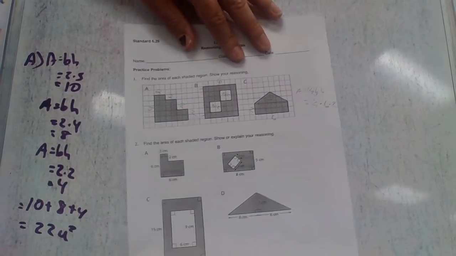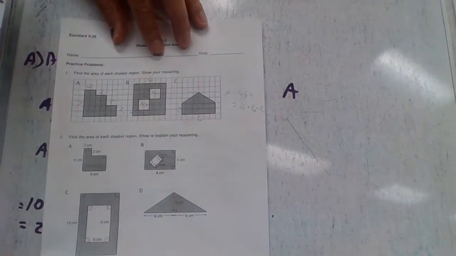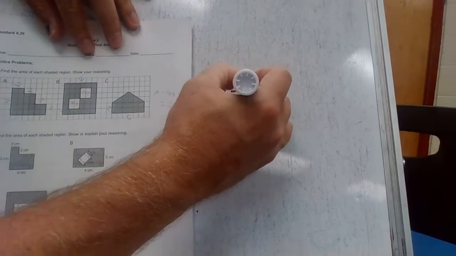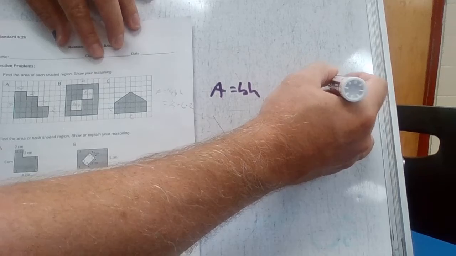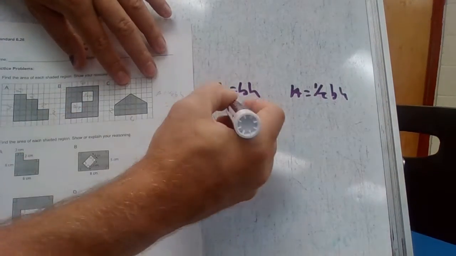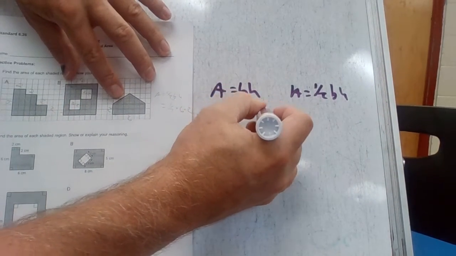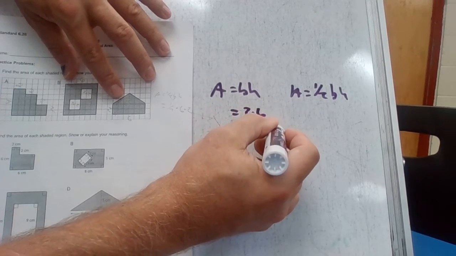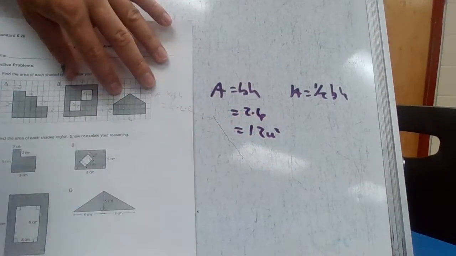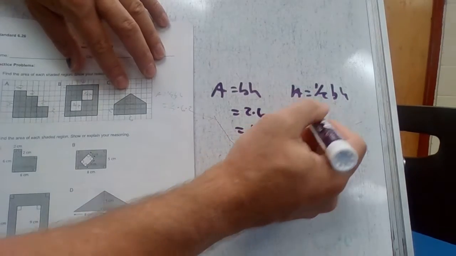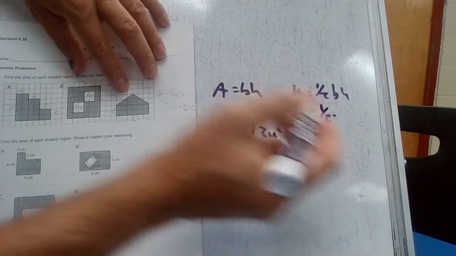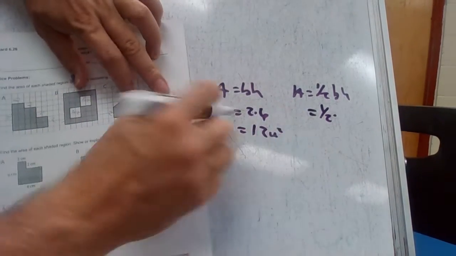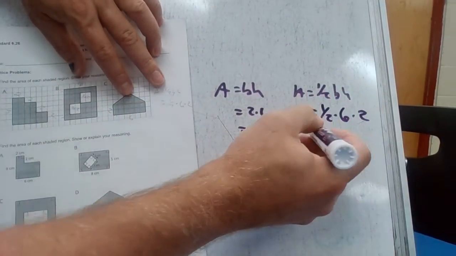So we're going to write down what we got here. We got a rectangle. The formula for that is A equals BH. Now your triangle, A equals 1/2 base times height for the top part. Our rectangle is 2 by 6, which is 12 units squared. For our triangle, bring your 1/2 down times the base, 6, with the height of 2.